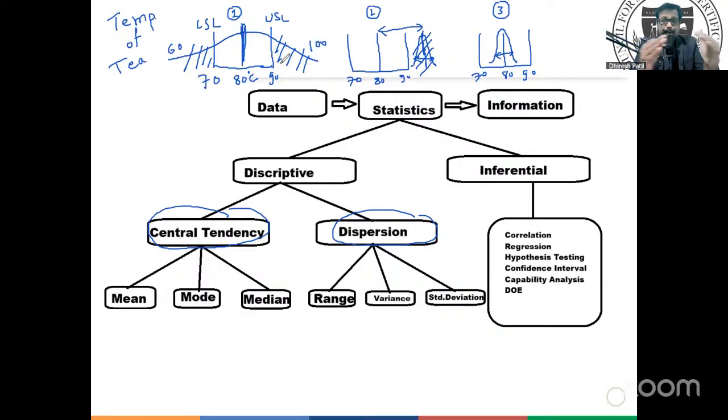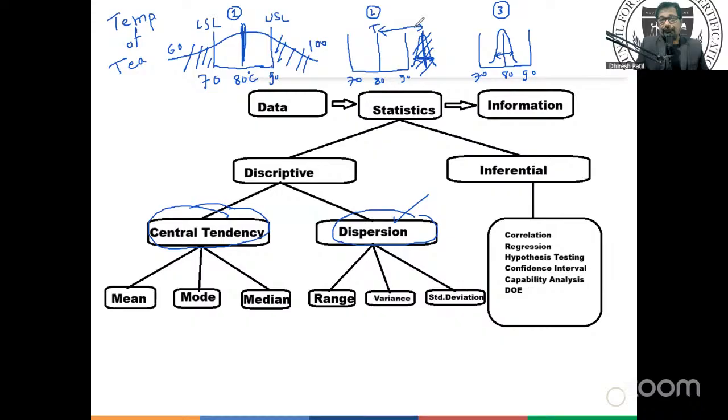So when the spread, the dispersion is very high, there is more probability of making defects. Okay, so dispersion is also a very important part to be considered. On the other side, where is the mean? Let's say second case, the dispersion is very low, but the mean is not matching the target. This is the target, no?